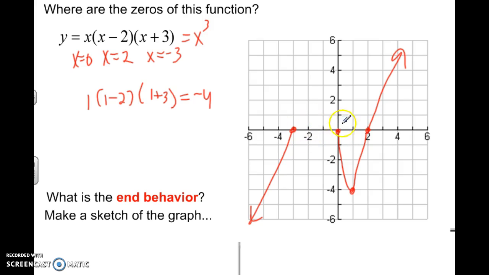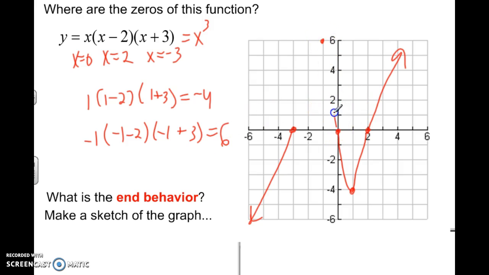Maybe plug in a value in between these two values, say like negative 1. So we're plugging negative 1 for x: negative 1, 1 minus 2, times negative 1 plus 3. And I get negative 1 times negative 3, that's 3. 3 times 2 is 6. So I think I get a positive 6 there, somewhere up there.